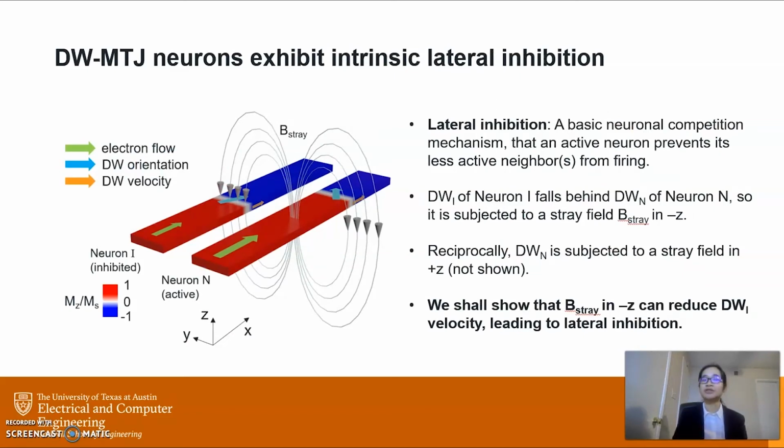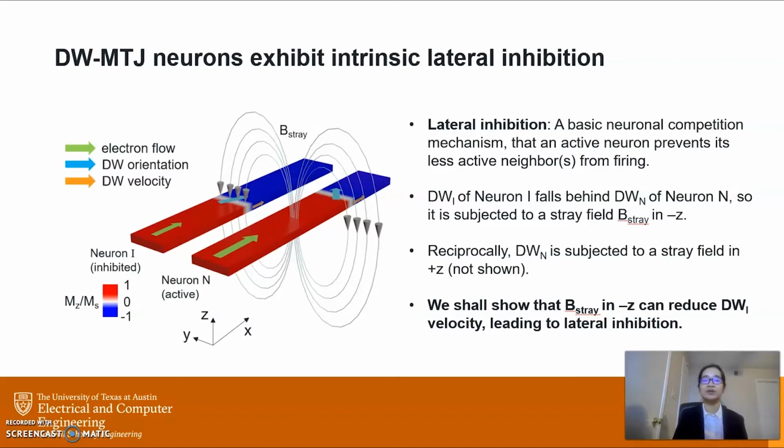In addition to the integrate-and-fire function, there is another very important neuron function called lateral inhibition. It refers to a process in which an active neuron prevents its less active neighbors from firing. It is very important in the brain since it results in a selective firing of the neural ensemble.